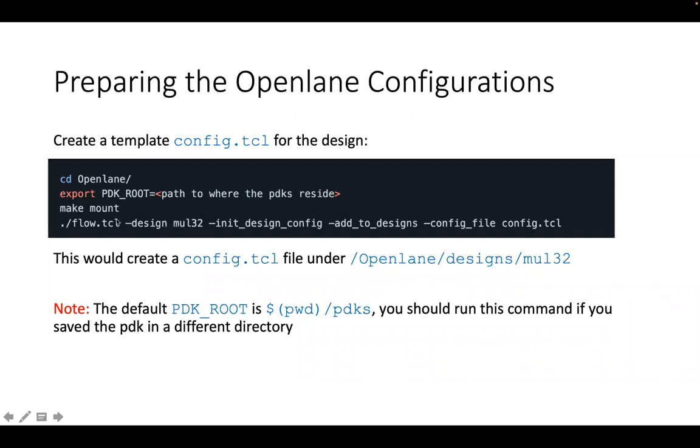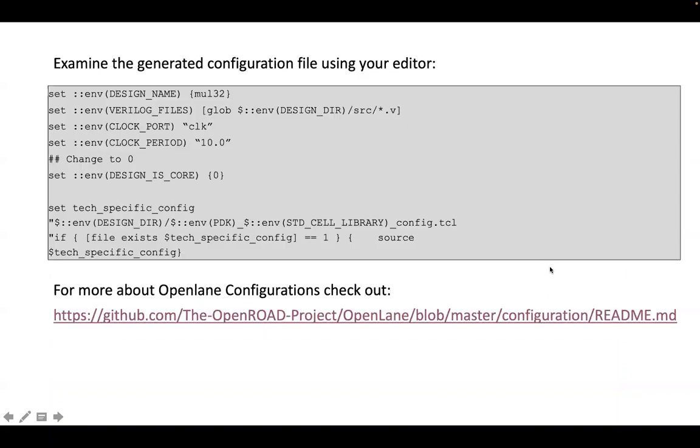We just run the flow.tcl file. We pass on the design name. We pass that we need the initial design configuration, and we wish to add it to the designs folder. And we named the config file config.tcl, and this created a configuration file under OpenLane designs/mul32.